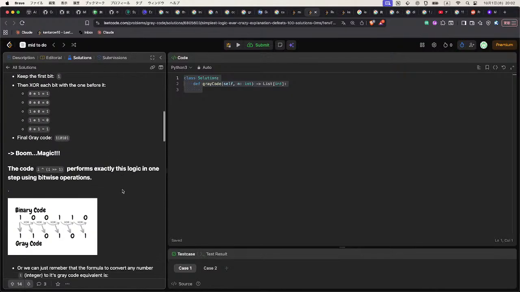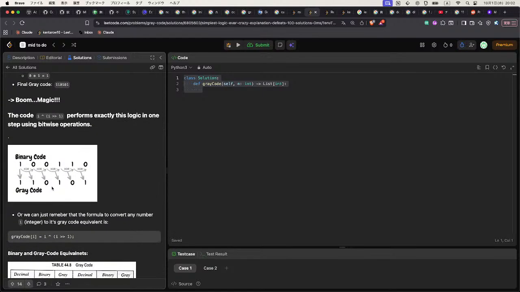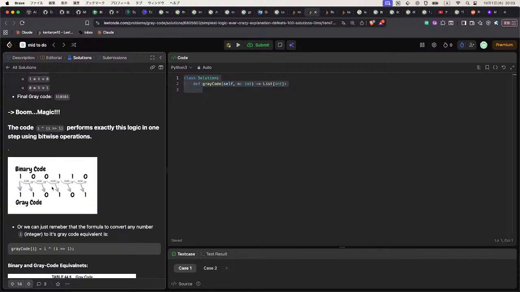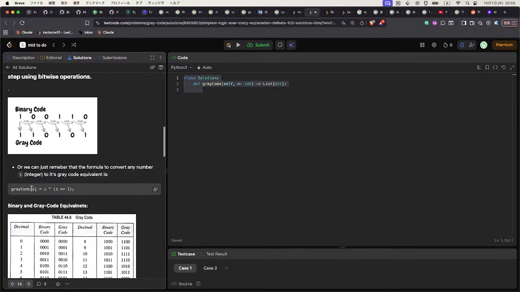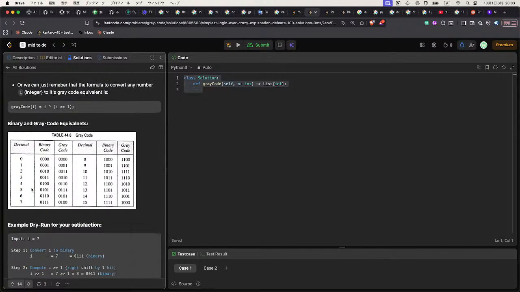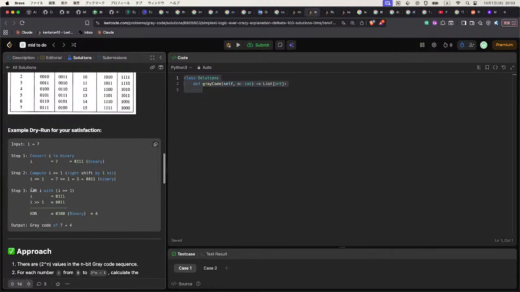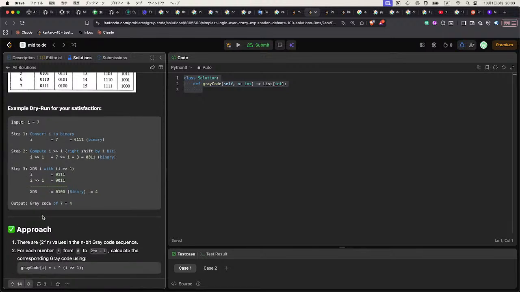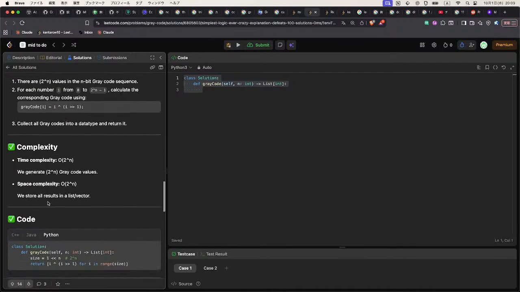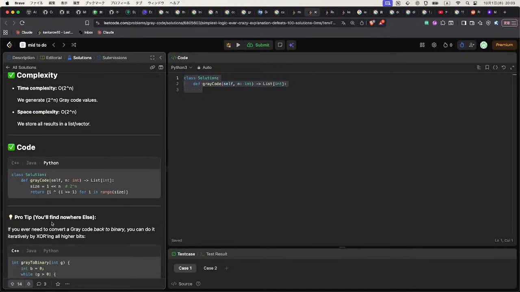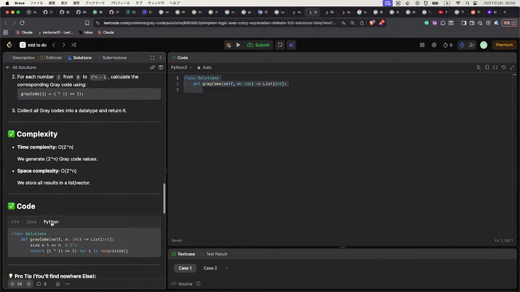The code performs exactly the logic. 3 bits differ. What?